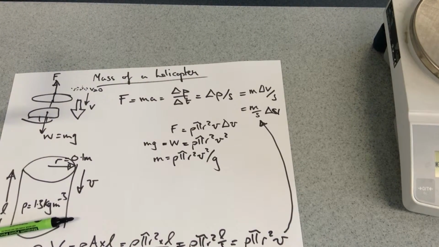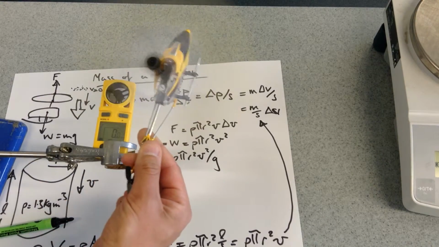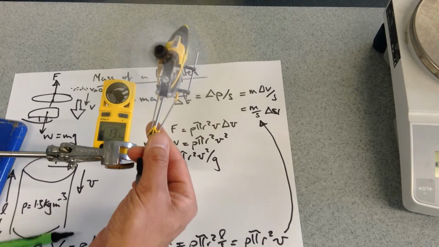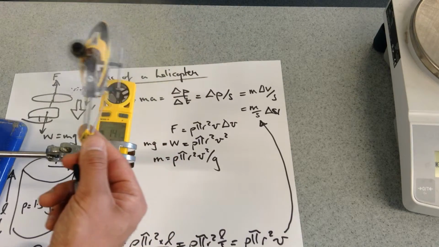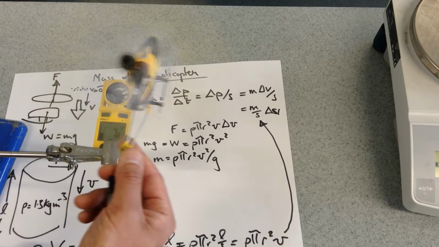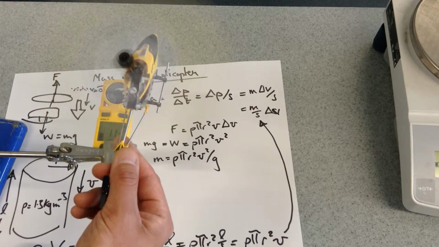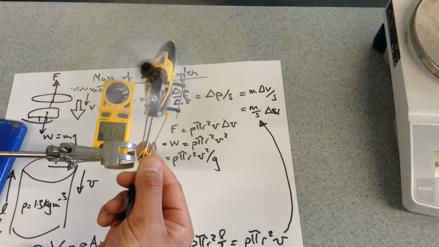So in order to make this easier and keep it on the video, I will hold this over there and look at what sort of speed the air is being thrown through the meter. If I place it over the top, it's not going to catch all of the air, it will drop. So we need to get an average speed through the meter with it hovering. So we're looking at about 12 kilometers per hour.